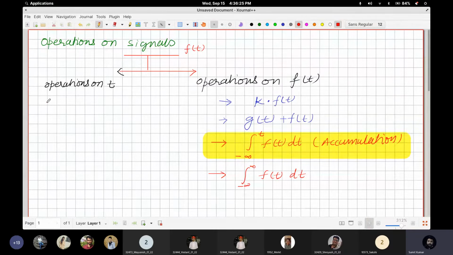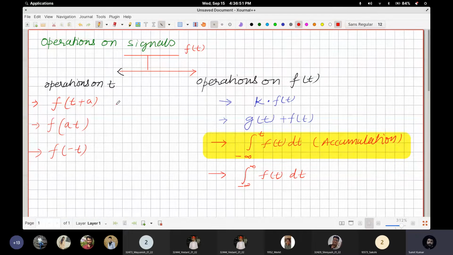Then it comes to operations on time. We have shifting of the signal, that is t plus a, and we can scale this signal, a t, and we can invert this signal, so f of minus t.